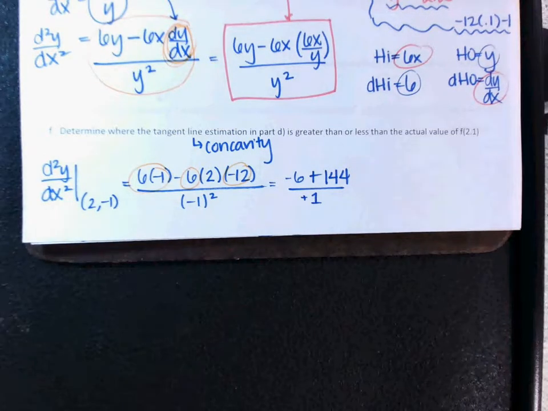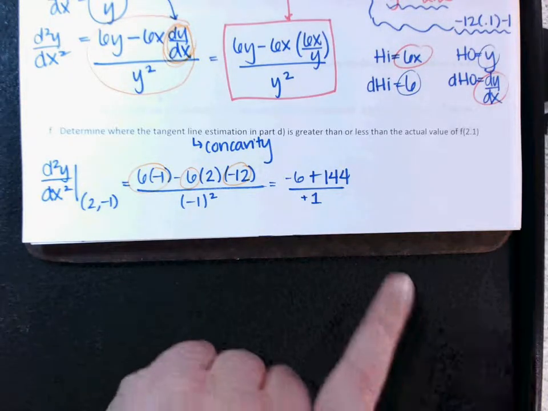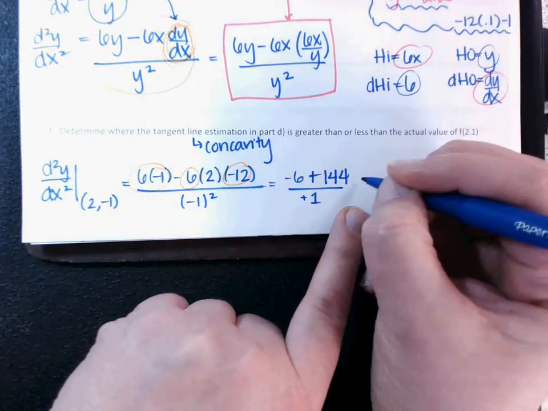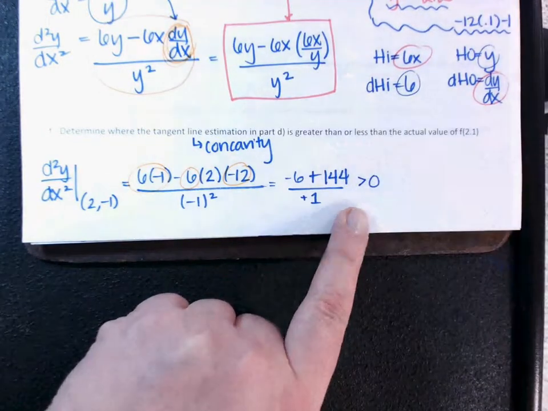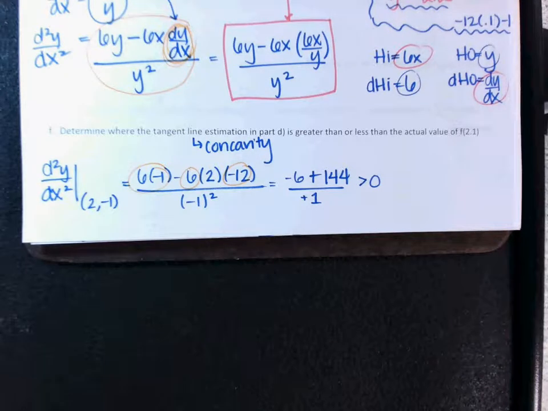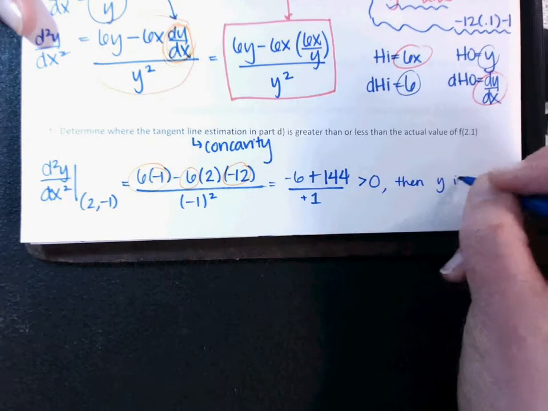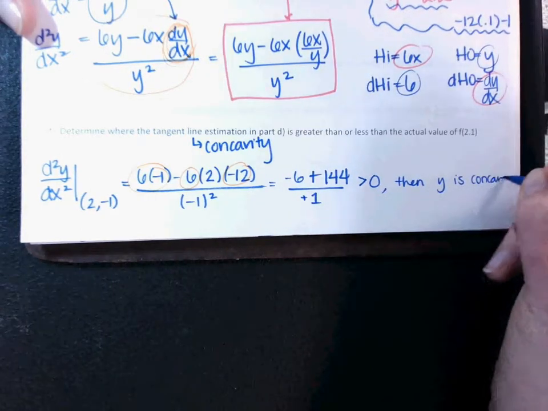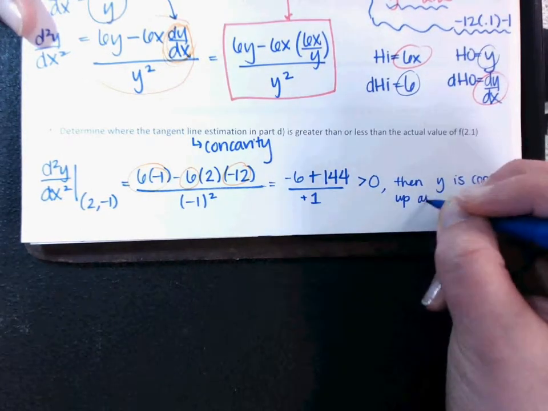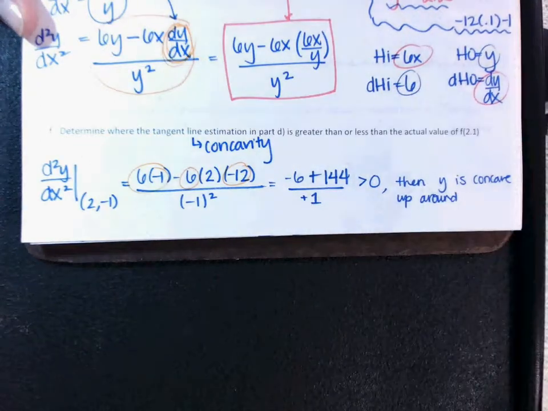I just care about whether its value is positive or negative. So if I have -6 plus 144, how's that going to turn out? It would be positive. Okay, what does that tell us about our graph? Is it concave up or concave down? Concave up. Very good. So I would say then y is concave up around 2, -1.